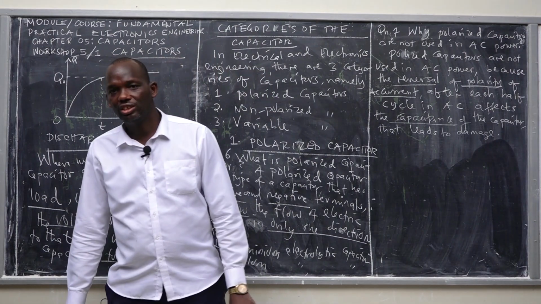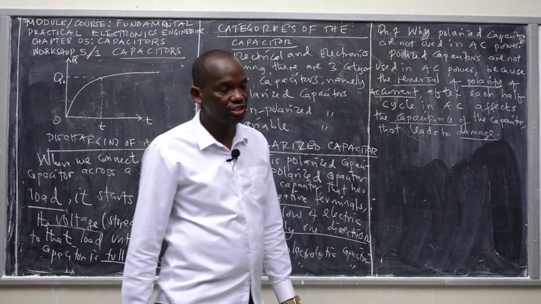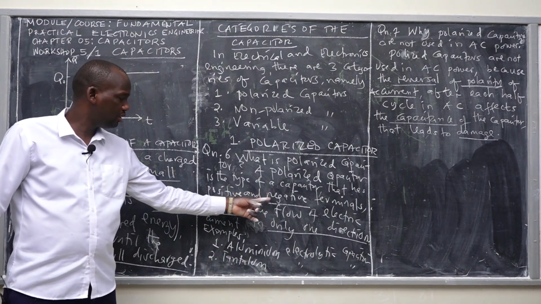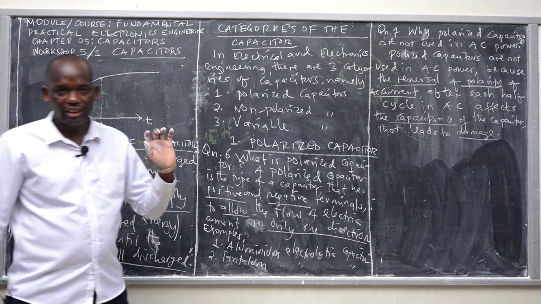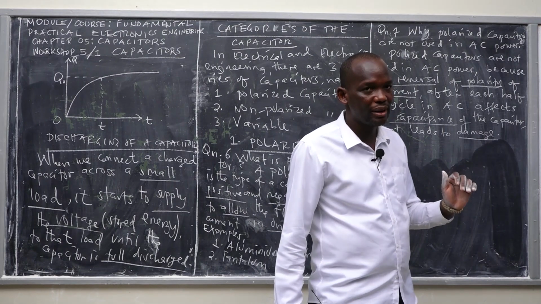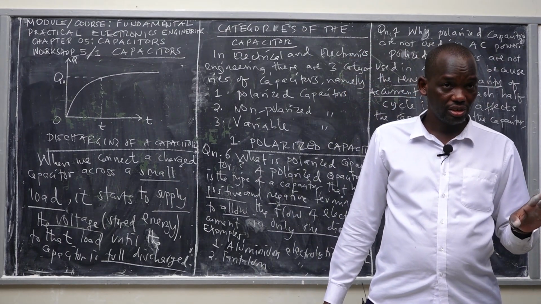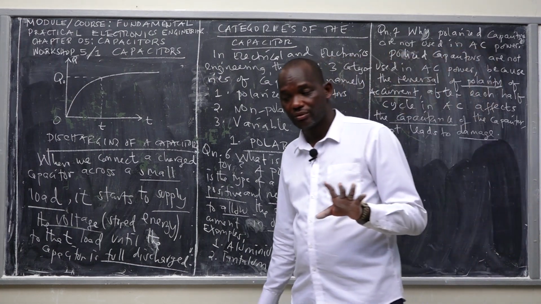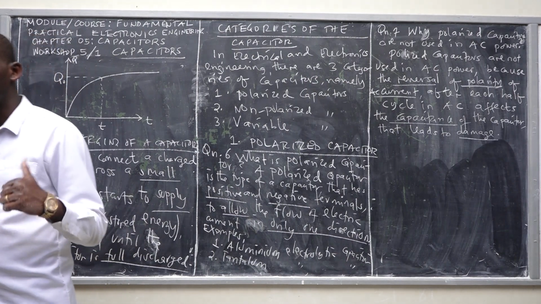That leads to damage. Why? Remember, a polarized capacitor has two polarities: positive terminal and negative terminal, while AC, which is a signal that will be flowing through the capacitor, does not have polarity. Right? It just alternates its polarity. So that alternation of polarity of AC affects the capacitance.